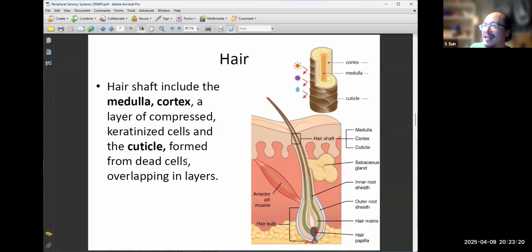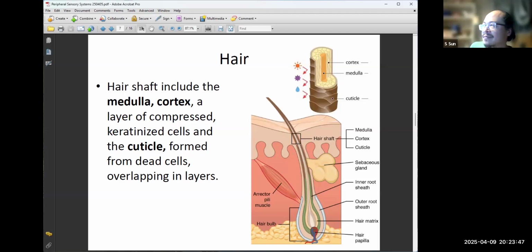So we talked about the hair. One thing I want to get your attention to is this erector pili muscle. This one connects to your hair, and it can be triggered by the fight or flight sympathetic nerve. Down here you have the hair follicle. This whole thing is the hair follicle, and the hair is also called the hair shaft.